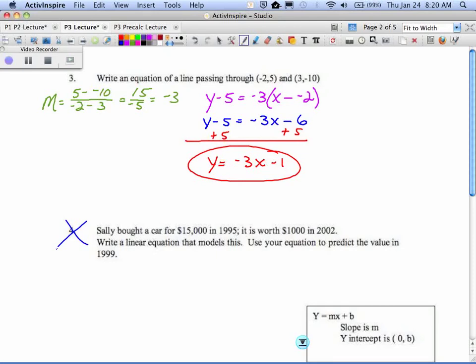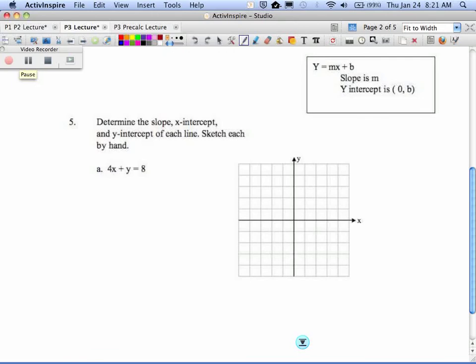So we've already talked about this one up here, slope, intercept. The slope is the number in front of your x, and then notice your y-intercept. When I say what's the y-intercept, you do not tell me a number, you tell me 0, comma, the number.